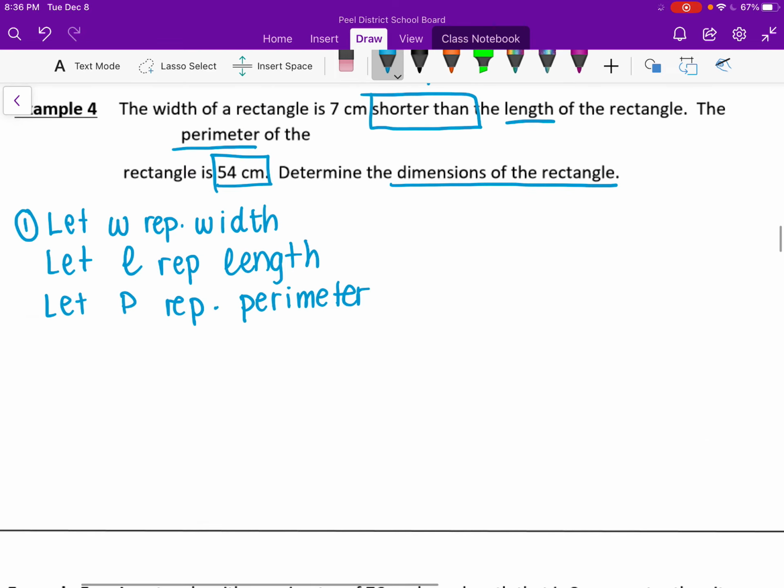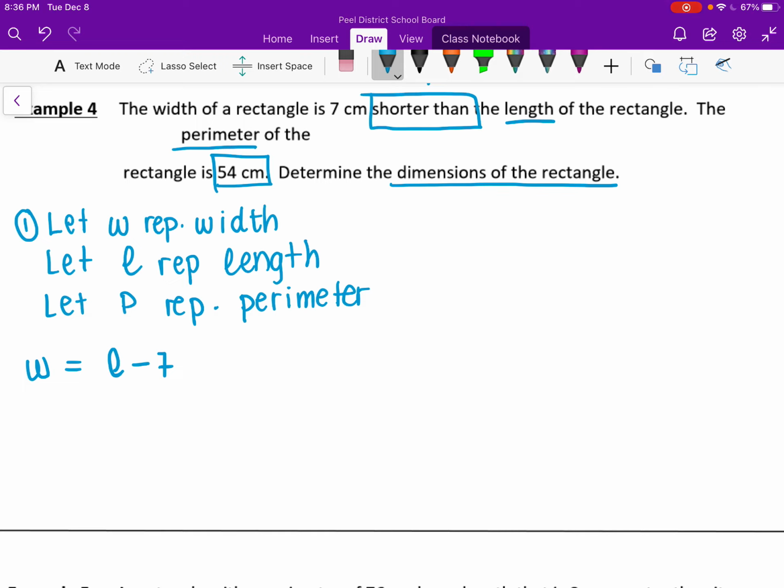So it says here the width of a rectangle is 7 centimeters shorter than the length. So the width is equal to 7 centimeters less than the length. So width is equal to L minus 7. Right? Now I've defined my width in terms of length.